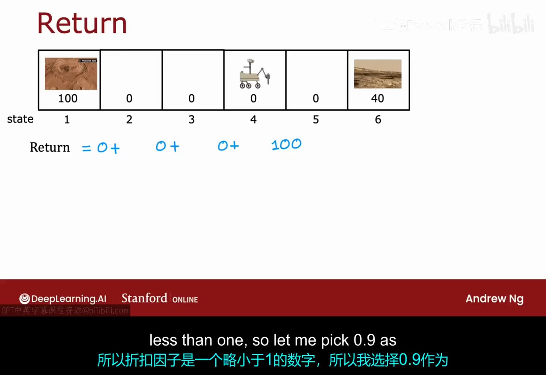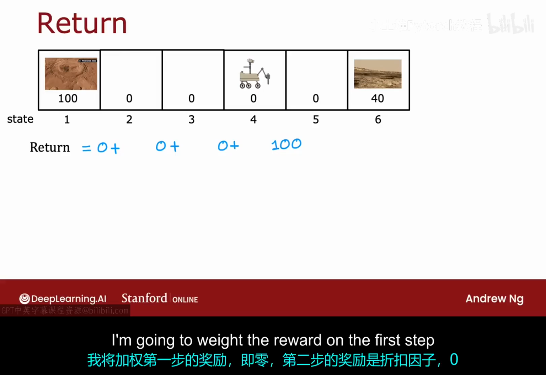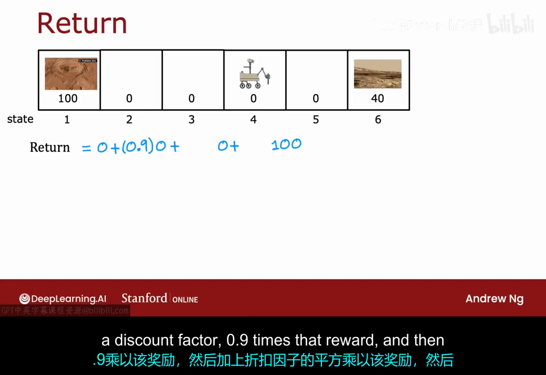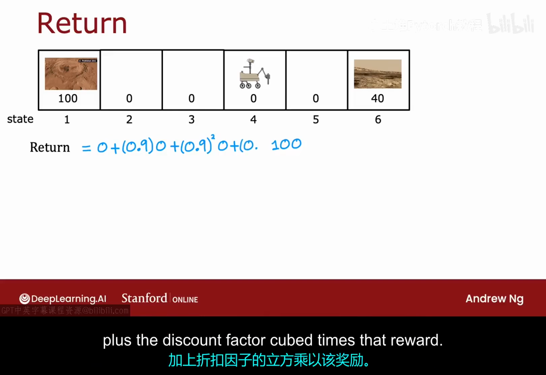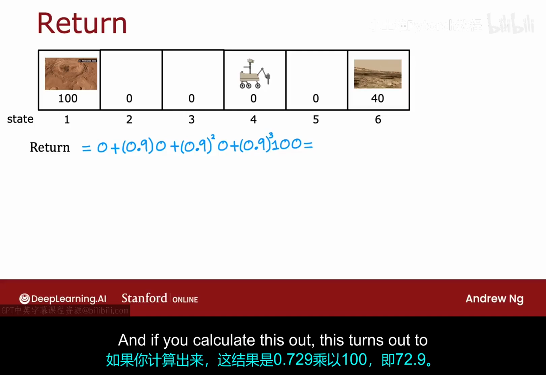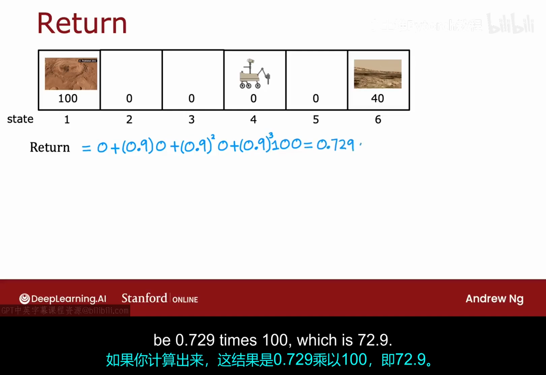So let me pick 0.9 as the discount factor. I'm going to weight the reward on the first step, which is just 0. The reward on the second step is the discount factor 0.9 times that reward, plus the discount factor squared times that reward, plus the discount factor cubed times that reward. And if you calculate this out, this turns out to be 0.729 times 100, which is 72.9.